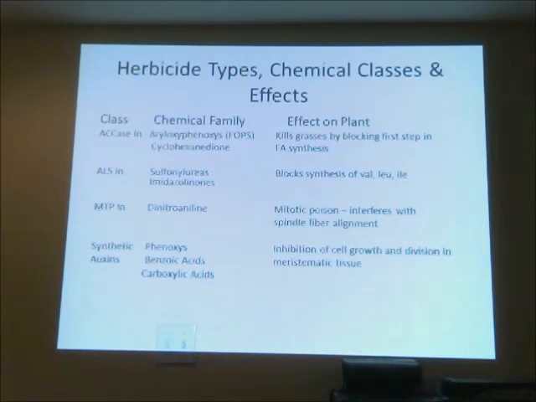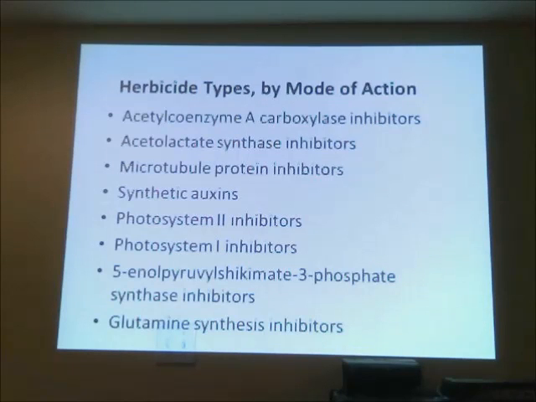Now there are some other categories that I've got on this next slide. These first ones we just saw, the first 4 of these, up to synthetic auxins. Now the 5th one and 6th one are inhibiting some part of the photosynthetic process.